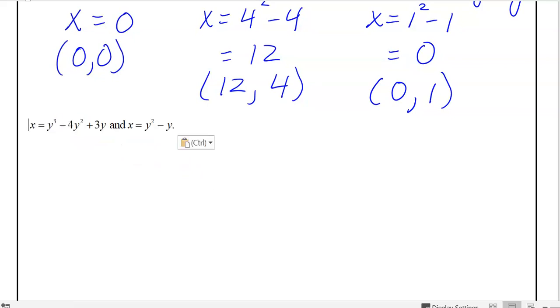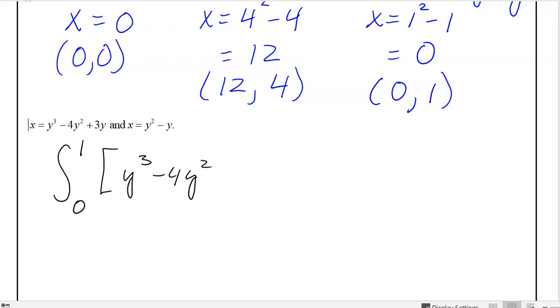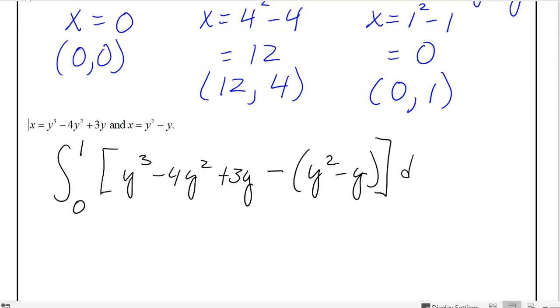Setting up the integral now, the first one goes from 0 to 1, and we said the cubic was on the right. That gives me y cubed minus 4y squared plus 3y minus, in parentheses, y squared minus y with respect to the differential dy.